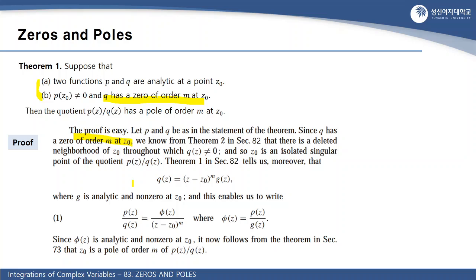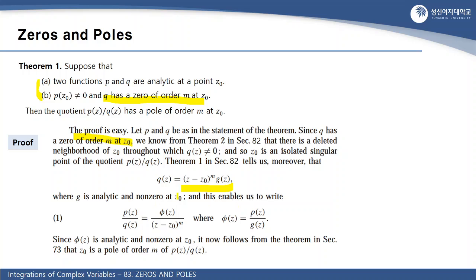Theorem 1 in section 82 tells us Q of z can be expressed in this form: z minus z naught to the power of m times g of z, where g is analytic and non-zero at z naught.